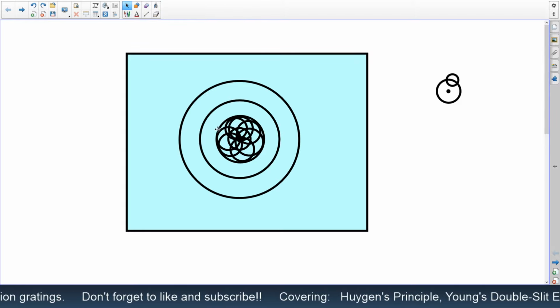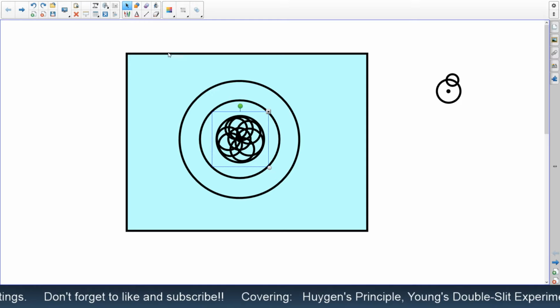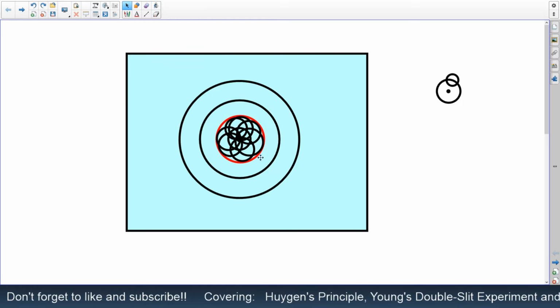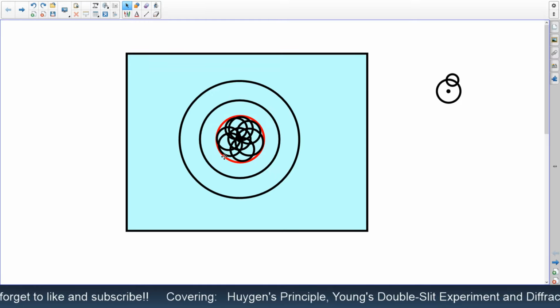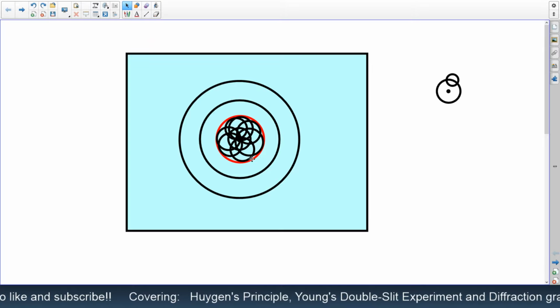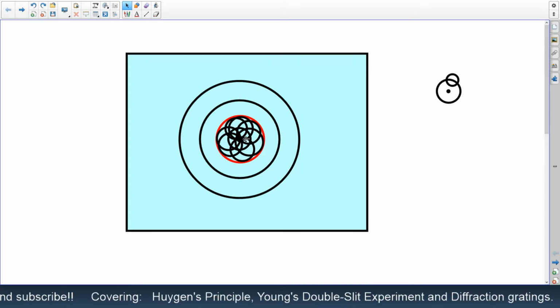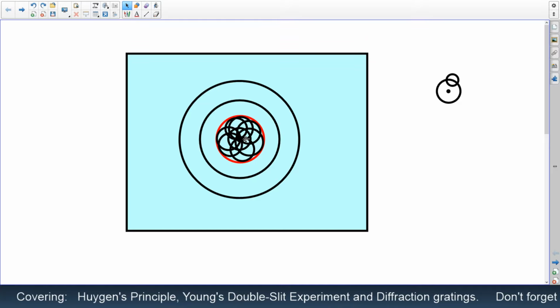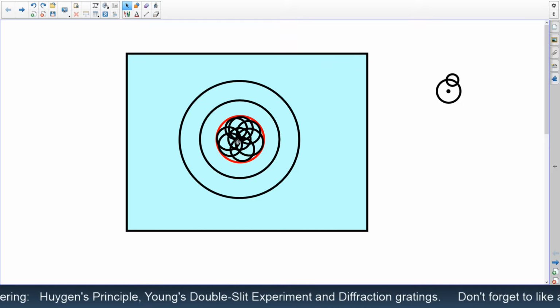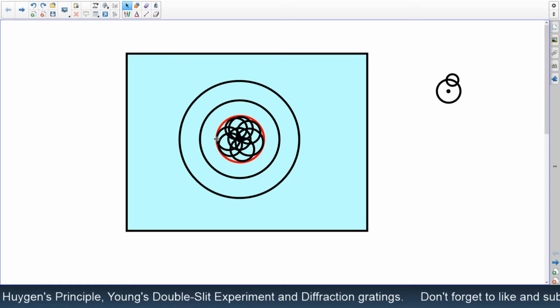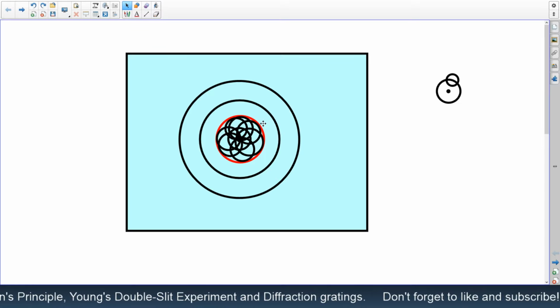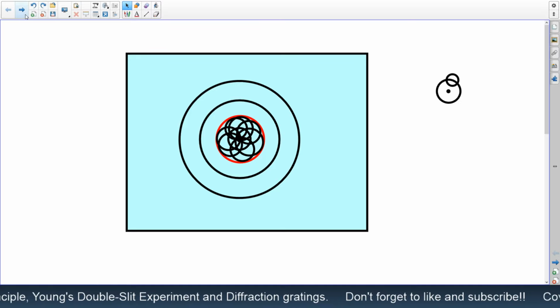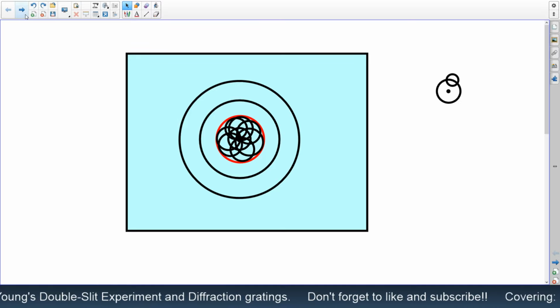I'm going to color that one in red just so you can see it. If all of these little points end up on this red circle at the same time, his argument was that they would interfere, they would superpose with each other, and all you would see would be this circular ring.